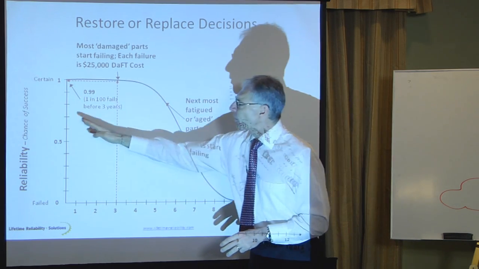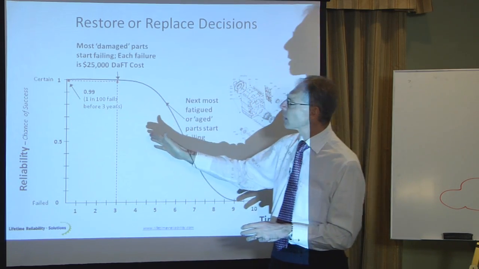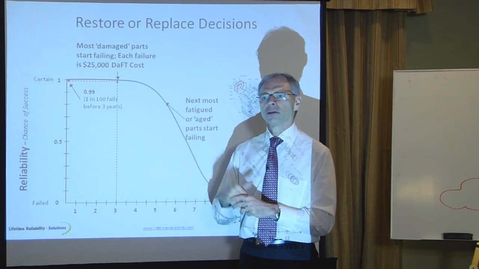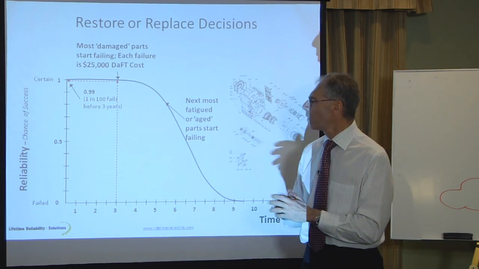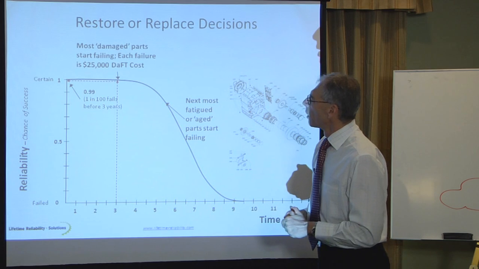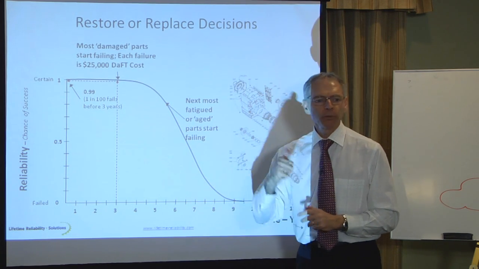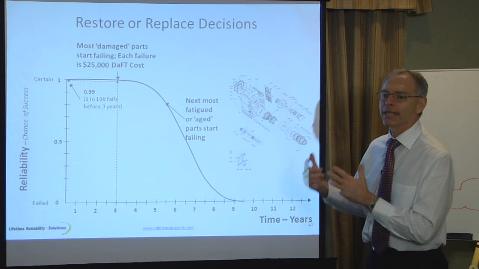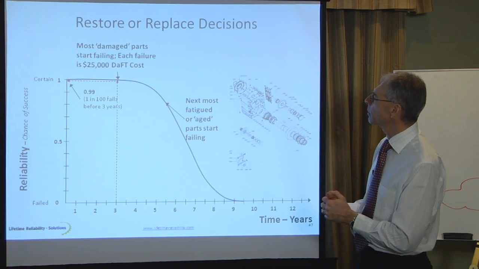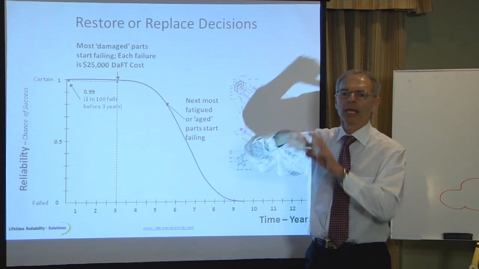So 99 times out of 100, we're going to make 3 years with no maintenance being done. The question now becomes, at the end of 3 years, do I replace it with new or do I maintain it and renew it back to the condition? Bearing in mind, each failure is a $25,000 company-wide loss.